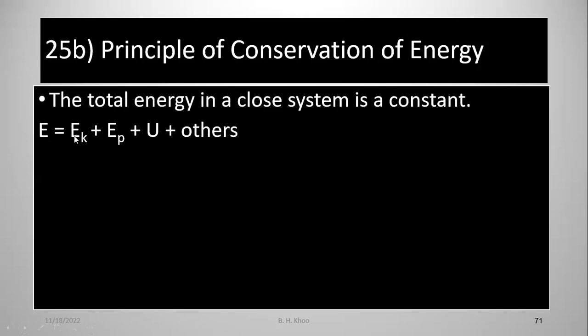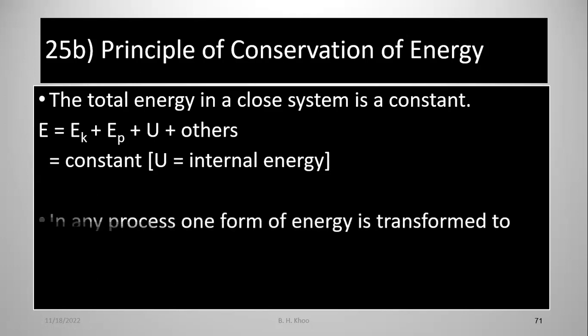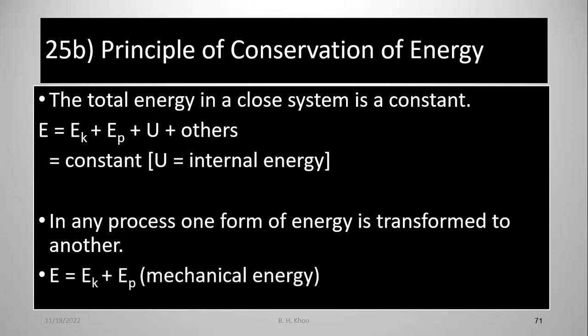Total energy, kinetic energy plus potential energy plus internal energy plus other forms of energy, is constant at any time. U is usually called internal energy. We'll study it later on in the semester. In any process, one form of energy is transformed to another. Okay, so we are more interested in this topic, mechanical energy.